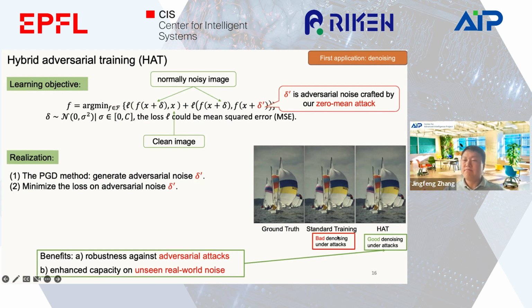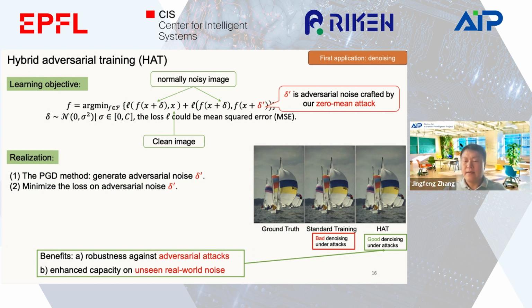Last but not least, we surprisingly find that the robustness of the deep image denoiser can also benefit the generalization capacity on unseen real-world noise. In other words, the robust deep image denoiser can denoise the real-world noise even without training on real-world noisy images.